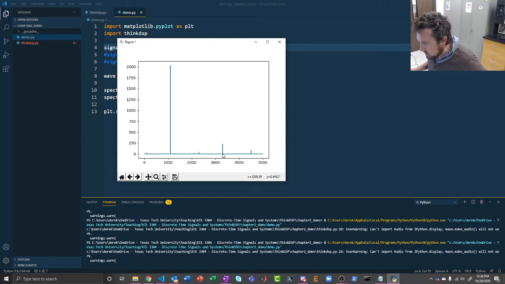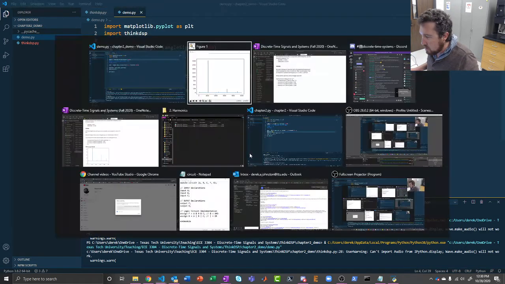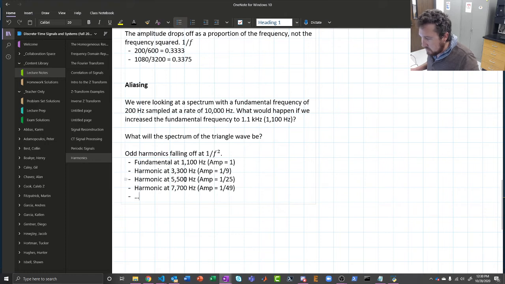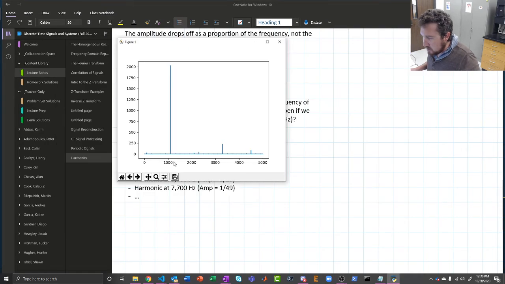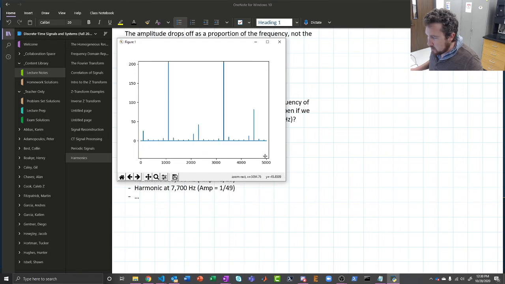So that's what we expect. And then we've got another one at 4,500. Should be at 5,500. And then, of course, if I zoom in, we've got all these other little harmonics hanging out and doing weird stuff.